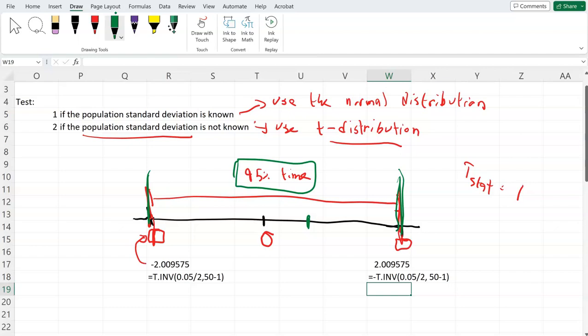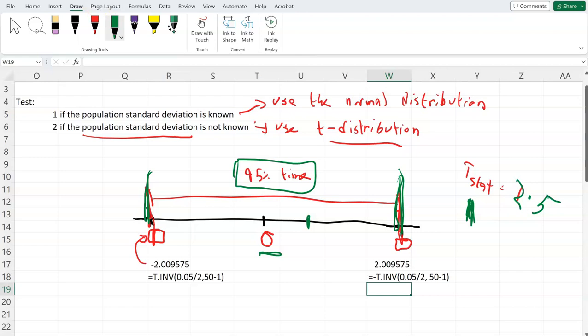However, if my t-stat ends up going to, let's say, 2.5, then we are way out here. Now, we said 95% of the time it would be within this range. If it's way out here, that means there's a pretty big likelihood that the population mean has changed.